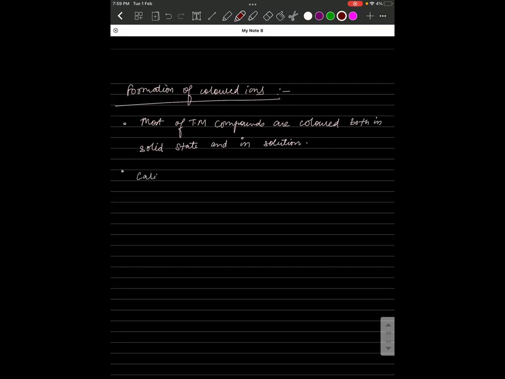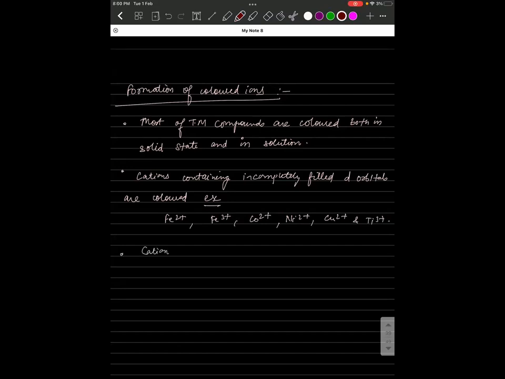The second point is cations containing incompletely filled d orbitals are colored. Examples are Fe2 positive, Fe3 positive, cobalt 2 positive, nickel, copper, and titanium 3 positive.